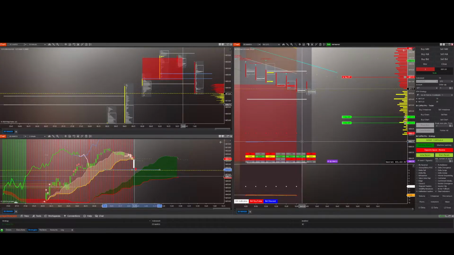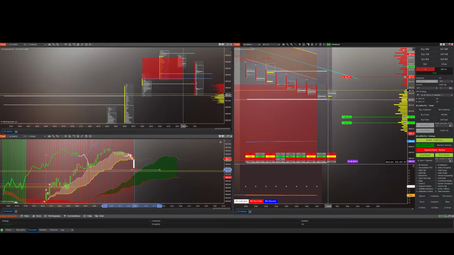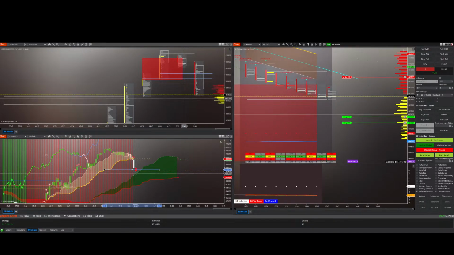VWAP right here. Be watching it right here, guys. We could still have some more downside, even though it's 3.35. Got the edge of the cloud here still.